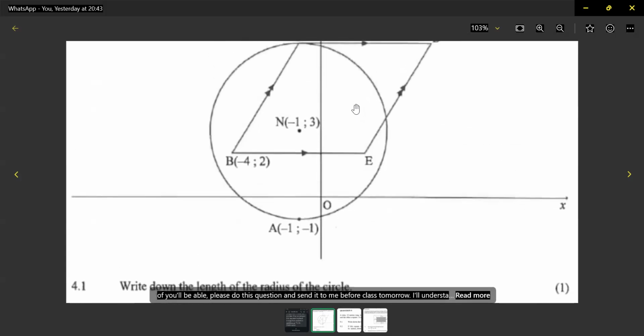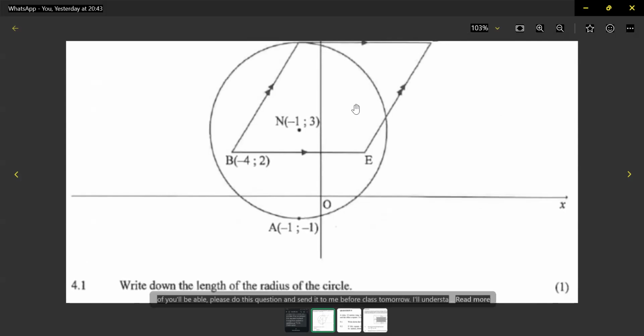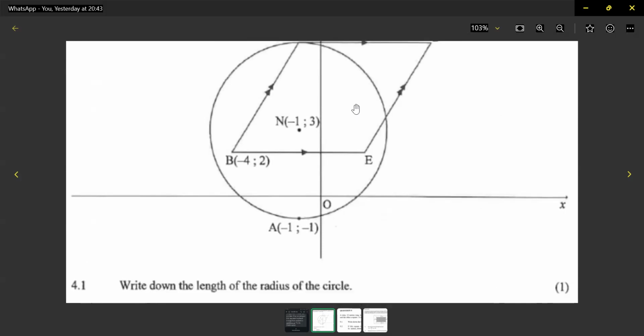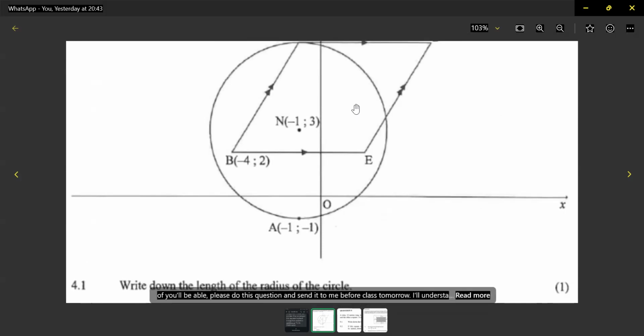And of course, we understand that the radius is the distance from the center to any point on the circumference. So in this case, we can simply use the line AN in order to find the length of the radius. Now one thing we observe is that the line AN is a vertical line. How do we see that? Well, it's easy.